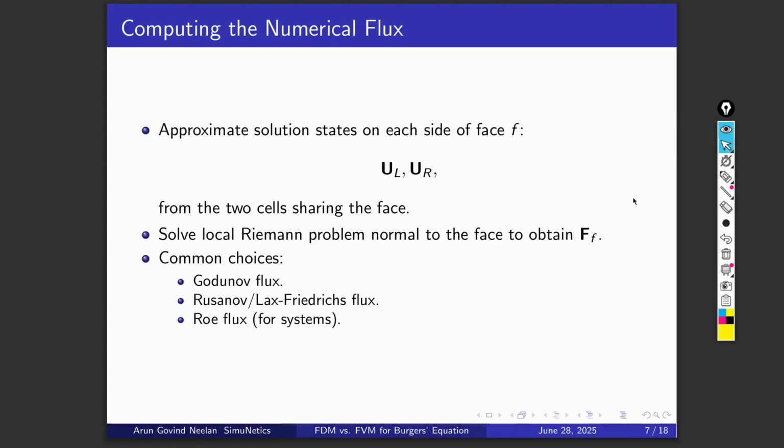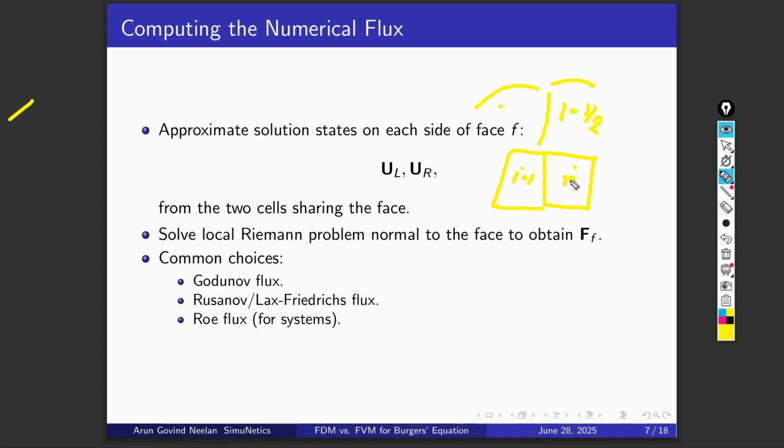And AF is the area normal. One of the biggest differences between finite volume and finite difference is that in finite volume, we calculate that flux using Riemann solvers. For example, let's say we have a cell like this. This is I and this is I minus 1, this is the face of the cell. To calculate at I minus half, we make one interpolation from this side and this side.